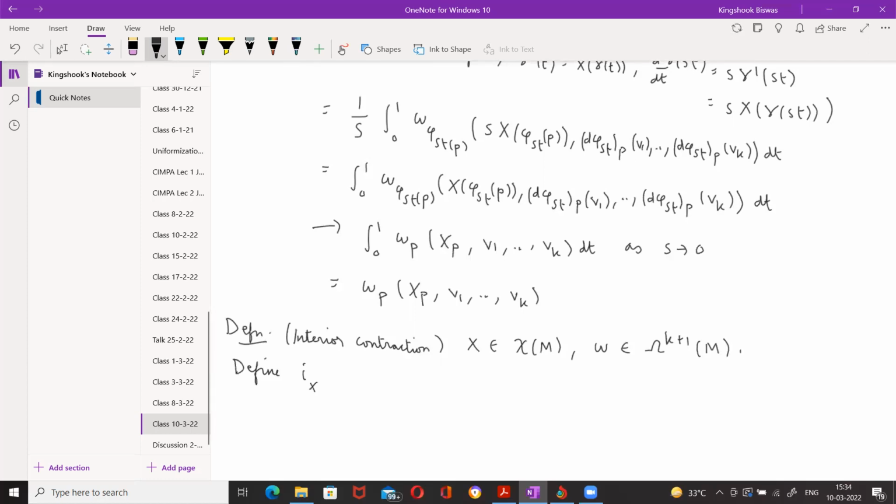So this will be a k form, defined by i_x omega at p acting on V1 to Vk is defined to be omega at p acting on x at p and then V1 to Vk.